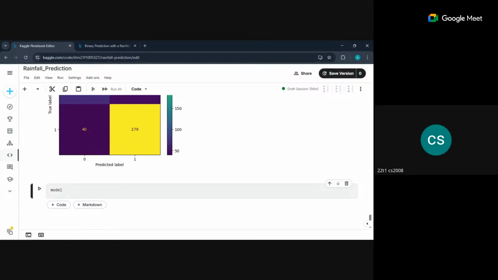Let me call it model C3 is equal to DecisionTreeClassifier, random state equal to 42. And let's try and give class weights this time. So what is the value that class weight takes?